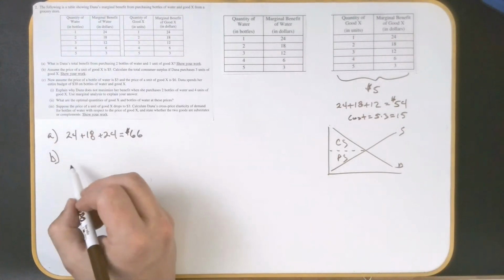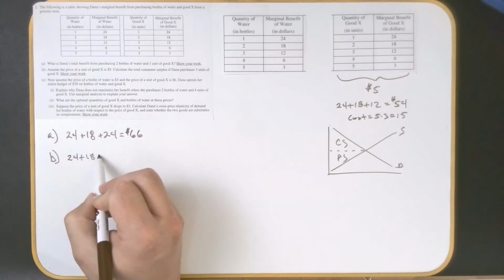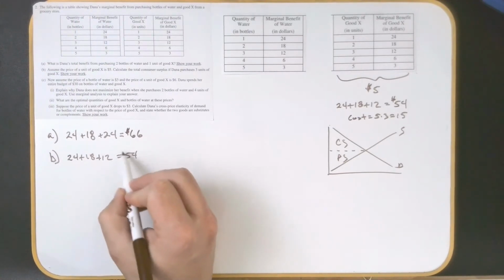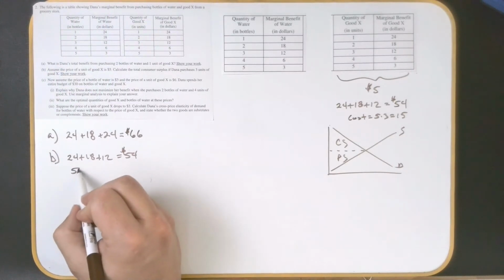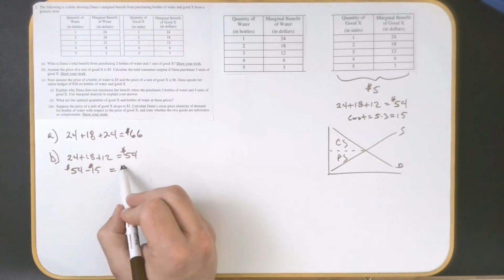It says here to show your work, so I'm just going to recopy that here. I had 24 plus 18 plus 12, and that was the $54 of benefit. Then it was $54 minus 15, which was the cost, and that was equal to $39.